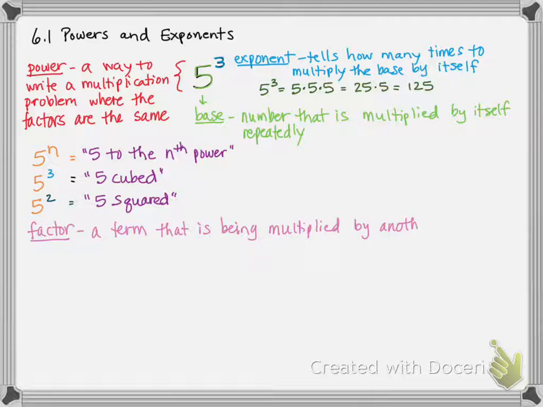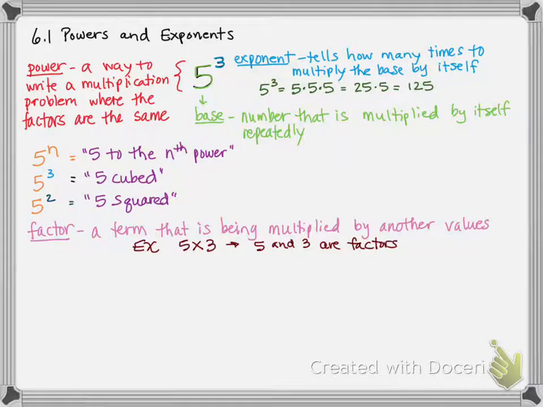So whenever you're multiplying, the numbers involved in the multiplication are called factors. So I'll give you an example of that. So let's say we have 5 times 3. We would say 5 and 3 are factors.